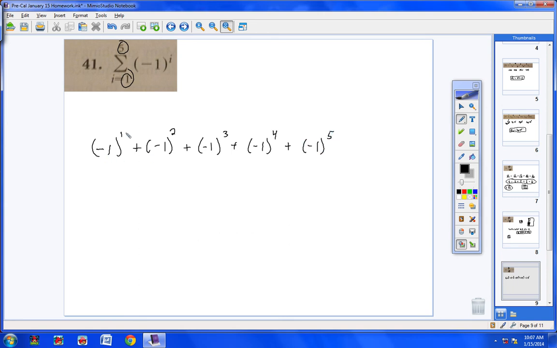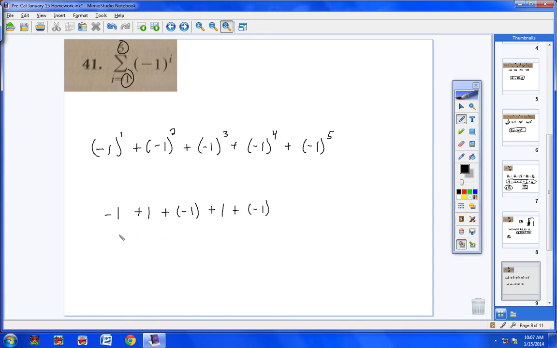Now, -1 to an odd exponent is -1. -1 to an even exponent is +1. So -1 to the third power would be a -1. -1 to the fourth power would be a +1, and -1 to the fifth power would be a -1.